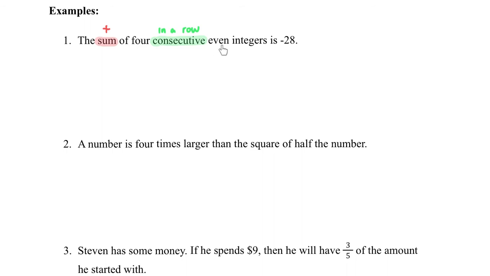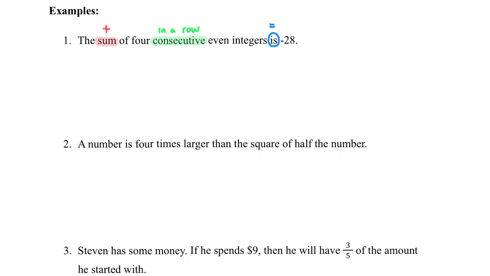We know the word even, that's 2, 4, 6, 8, etc. So 4 consecutive even integers would be like 2, 4, 6, 8, or 10, 12, 14, 16. Those would be examples. And then the last word that I really want to point out here is the word is. Not every one of these problems contains the word is, but if you see the word is, that's where your equal sign is going to go. So now we know that the end of this is going to be equals negative 28.